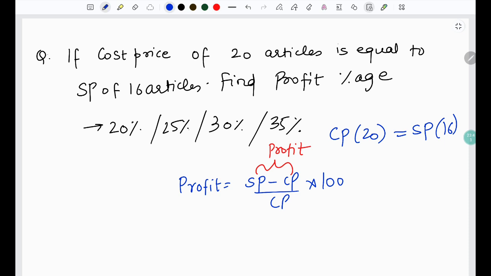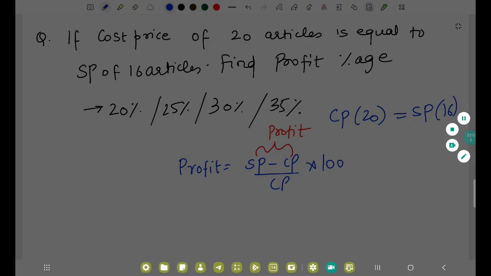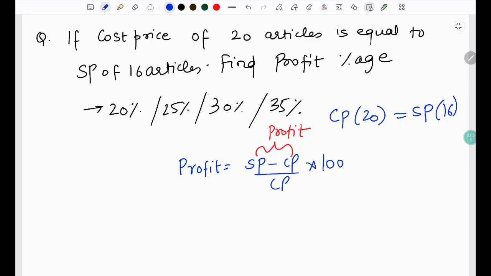Now in this question, the profit percentage is profit over CP.